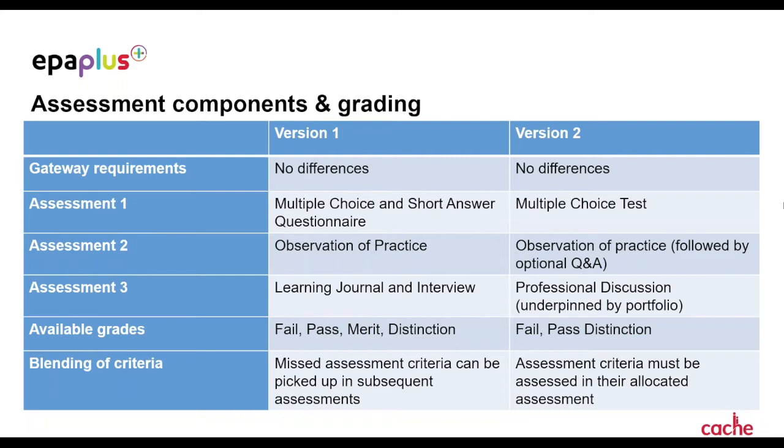In version 1, some assessment criteria that had been missed off in the multiple choice short answer questionnaire or the observation of practice could be picked up in subsequent assessments. So those assessment criteria are blended, whereas in version 2, the assessments themselves are much more rigid, and they're looking for very, very focused assessment criteria.